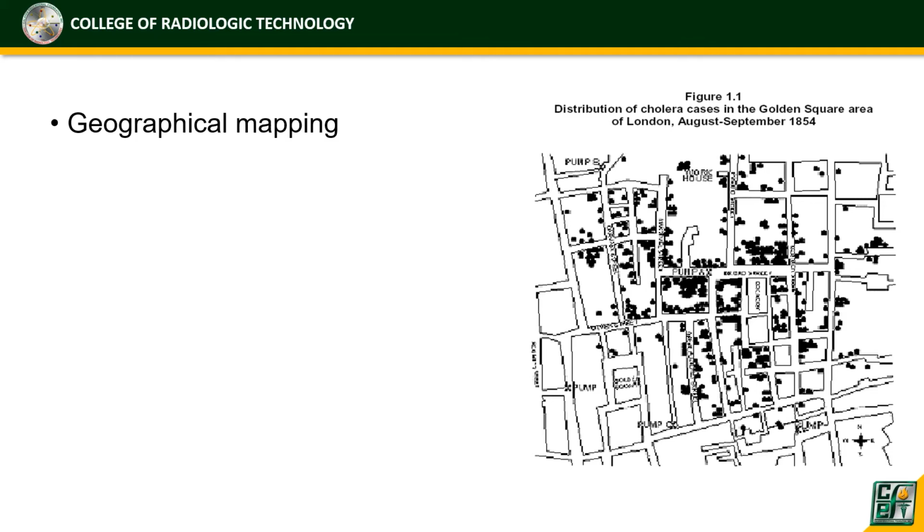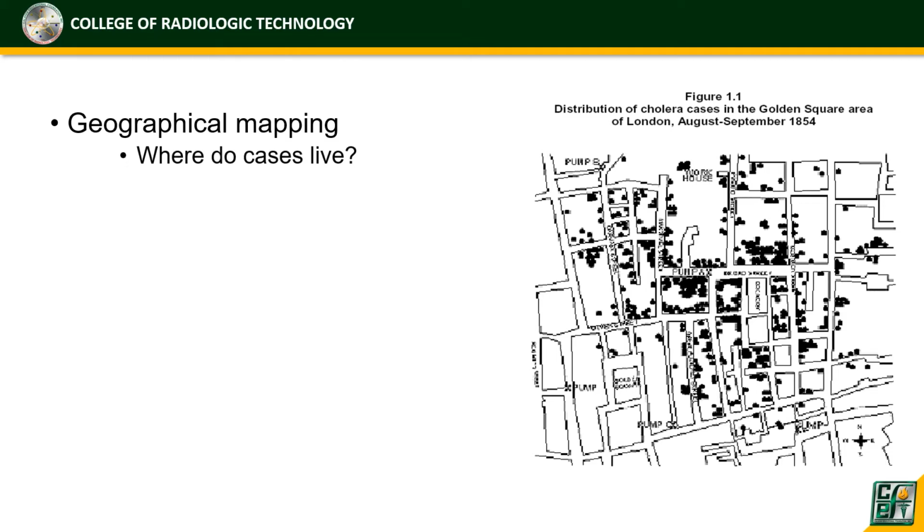So he did geographical mapping, as you can see in figure 1.1. That is the distribution of cholera cases in the Golden Square area of London, August to September 1854.